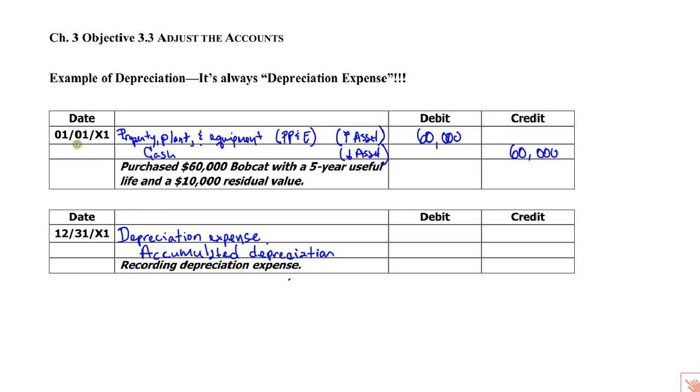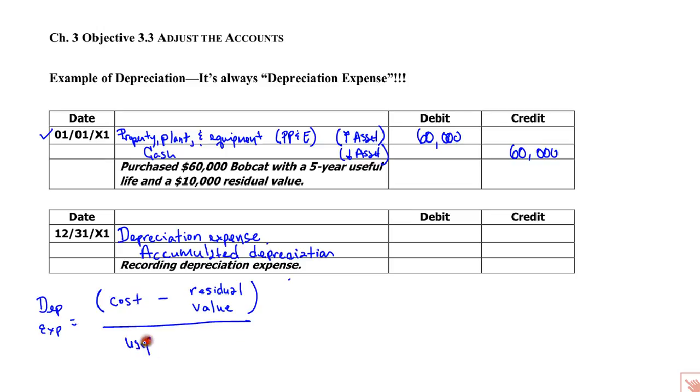Now we're going to talk about the amount. This thing was bought on the 1st, so we don't have to do a partial year adjustment. But depreciation expense equals the cost of the item, historical cost, minus the residual value, and this is a straight line over the useful life.